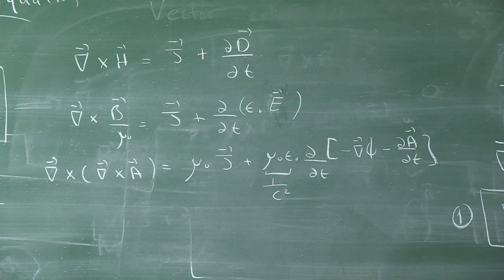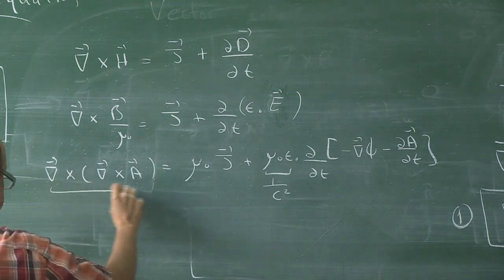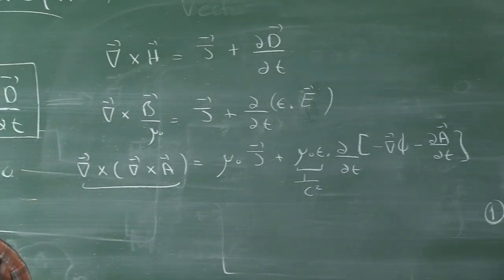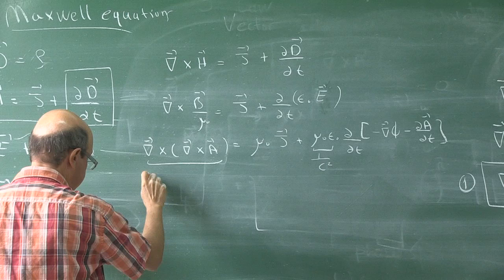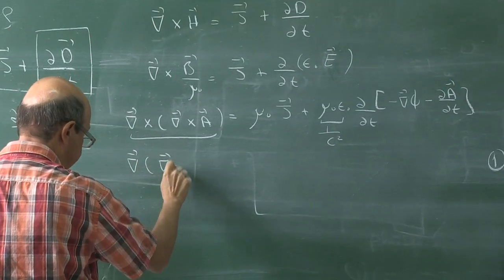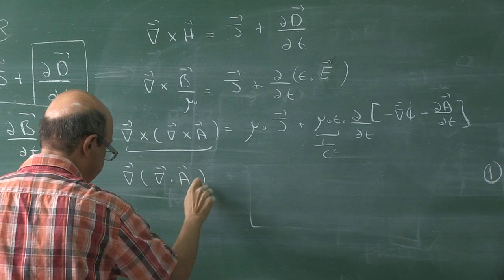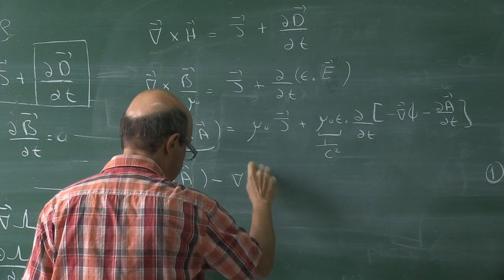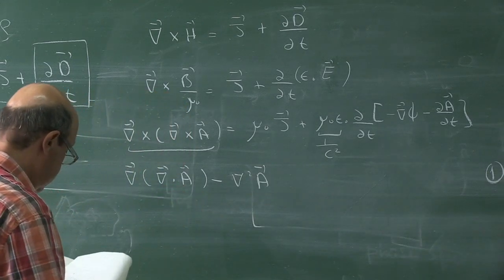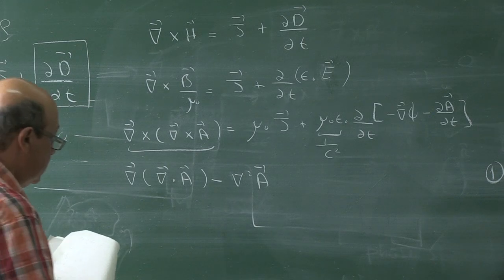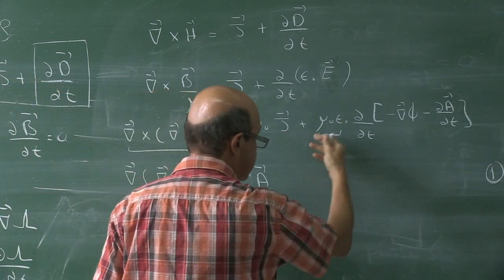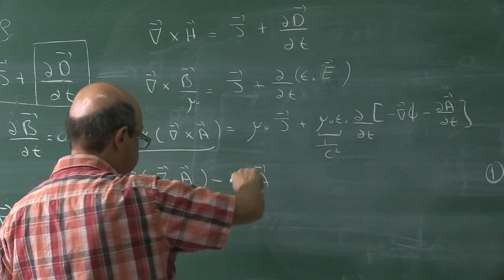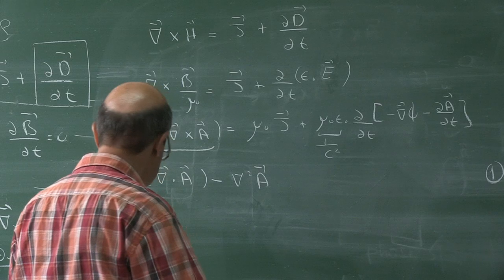That is equal to gradient of divergence of A minus Laplacian of A. Put all the stuff here, with the current density on the right.